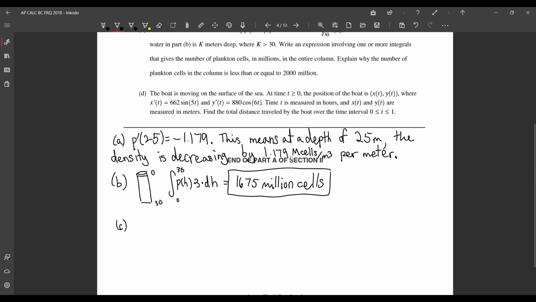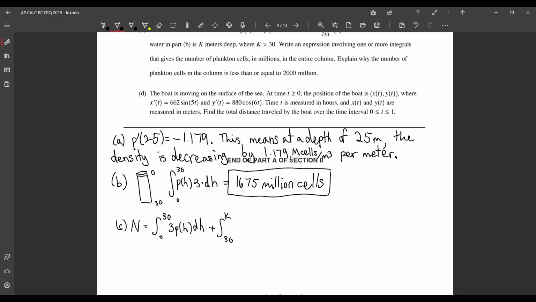Okay, so n is going to be, first, the integral from 0 to 30 of 3p of h dh. So that's going to give us the first amount. And then from there, we go from 30 to the new depth.